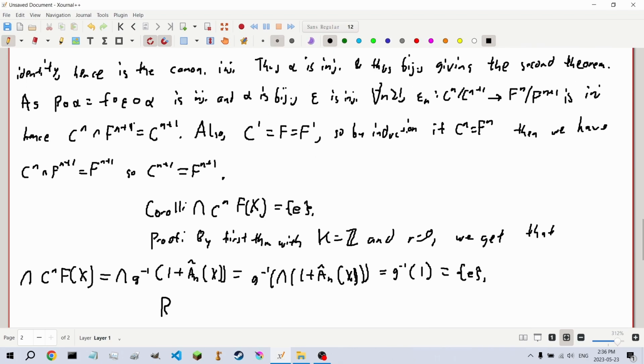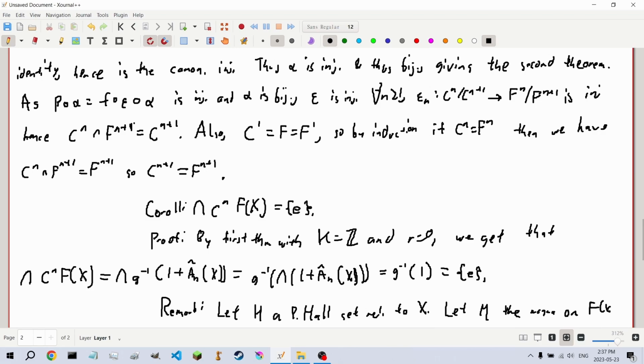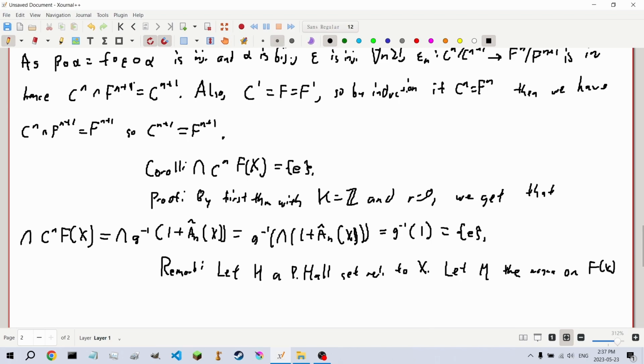And so this comes with a remark. Let H be a Hall set, a p-Hall set, remember those, relative to X. Let M be the magma on F(X) with the map sending x and y as a pair to x and y as a commutator, which is, of course, x inverse y inverse x y.